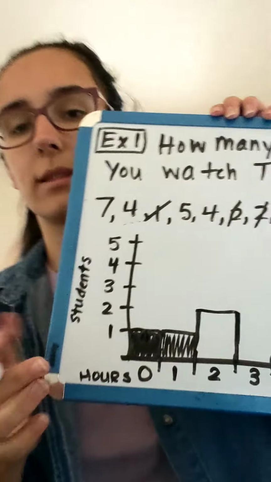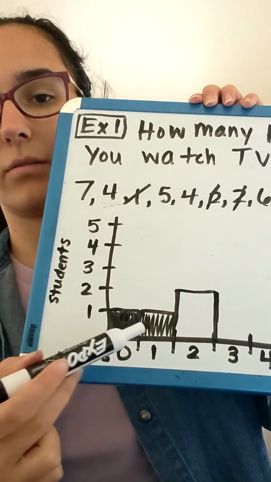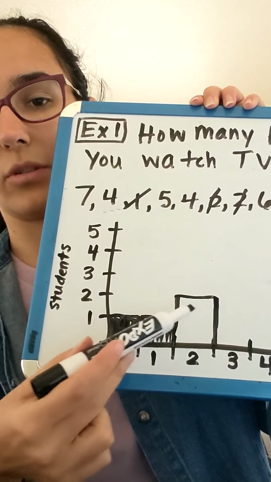Okay, so it looks like 2 people chose 2 hours, so we can cross those off of our data set. And now on our number 2, we bring the bar a little higher. See? So 2 people chose 2, okay? Number 3, it looks like nobody chose 3 hours as their answer, so we will just leave it alone.